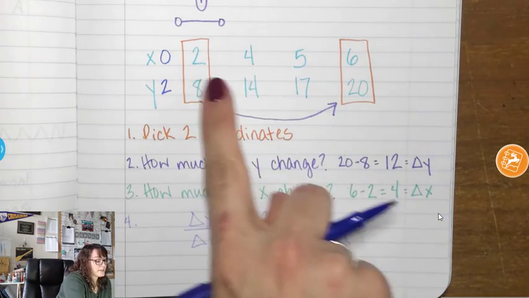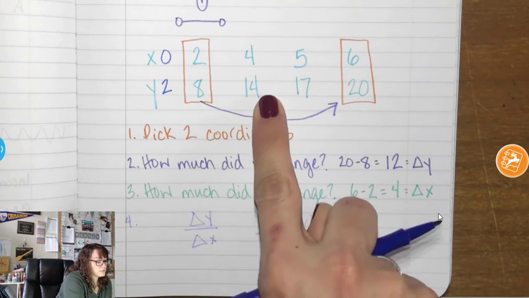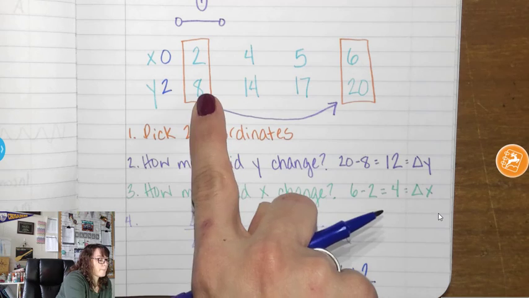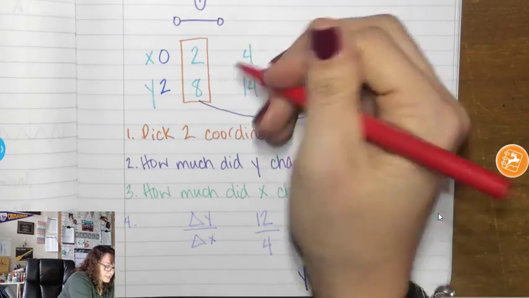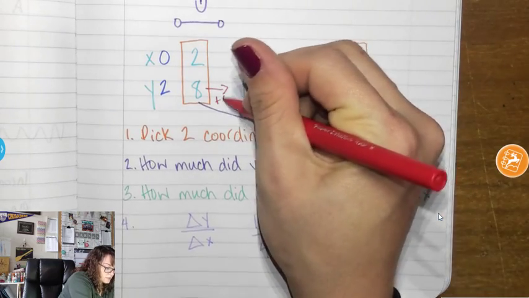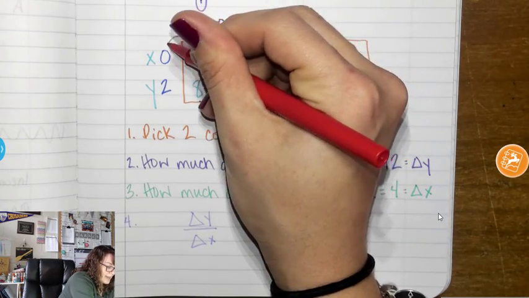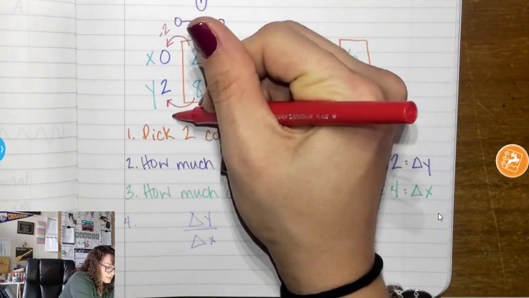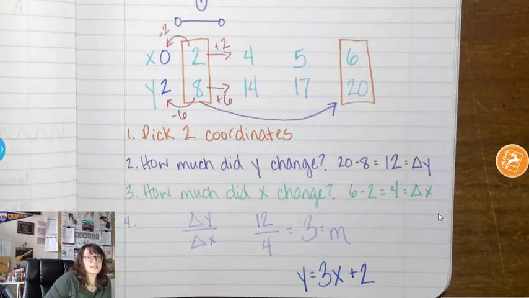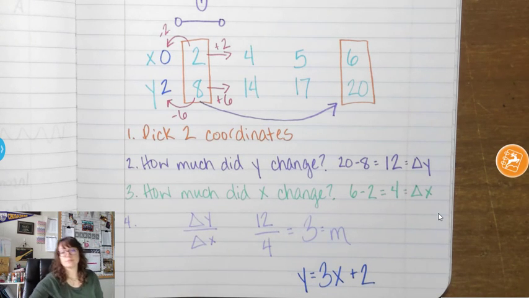If you were to continue this pattern, this is going up 6, and this went up 2. So if I go back 2, and I go back 6, that's another way to get your y-intercept b. When x is 0, y is 2. That's your equation.